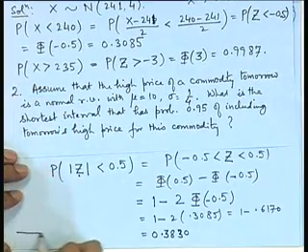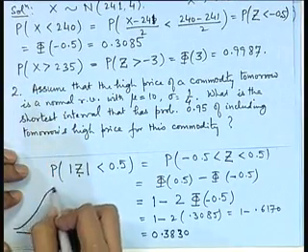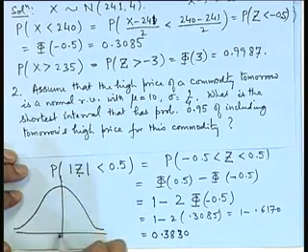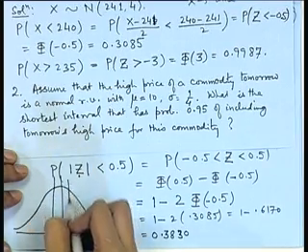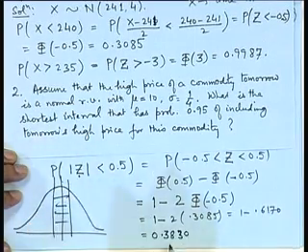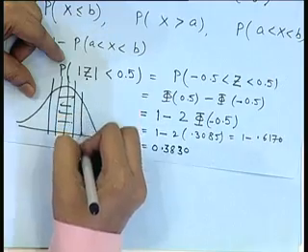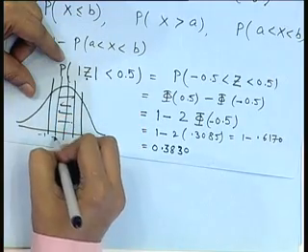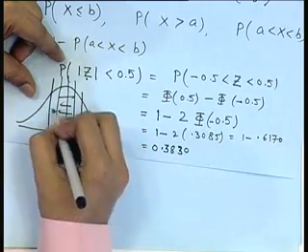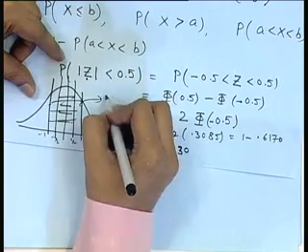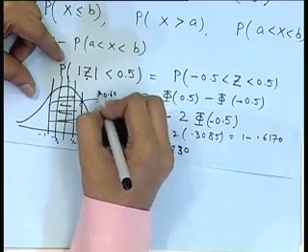That means within a very short distance, that is minus 0.5 to 0.5 itself, almost 40% of the probability is concentrated. If we consider minus 1 to 1, this consists of almost 60% of the probability.